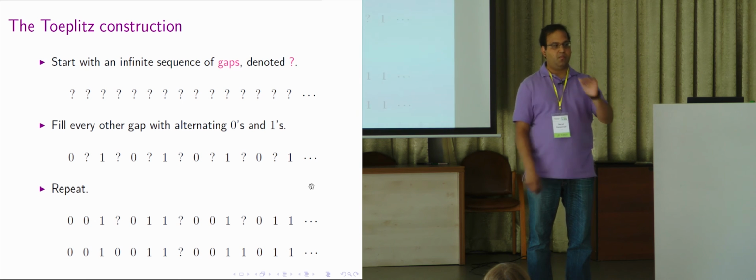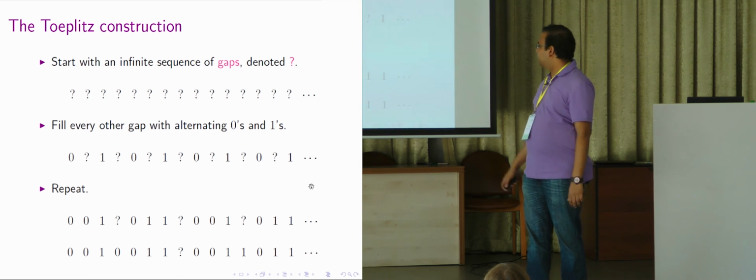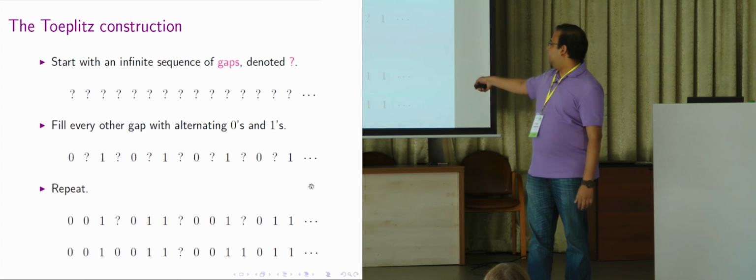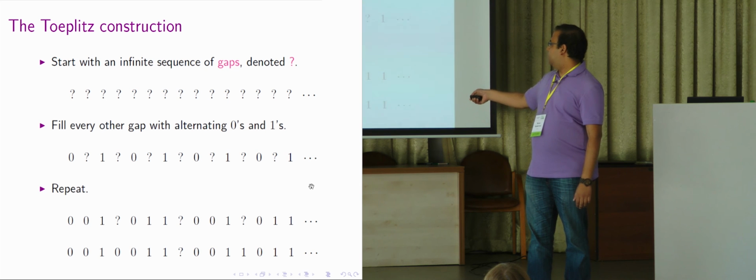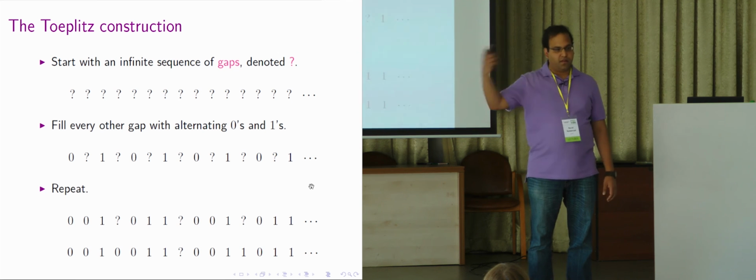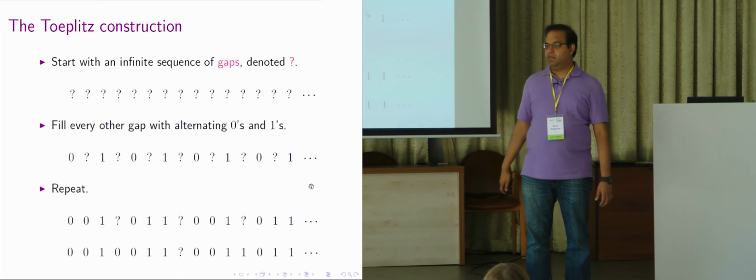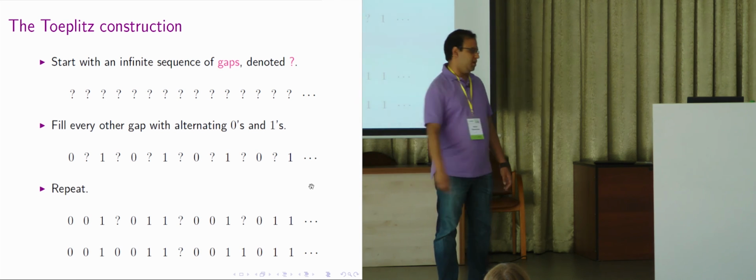So you go 0 gap, 1 gap, 0 gap, 1 gap. You fill in the gaps like this. And now you do the same thing in the remaining gaps: 0 gap, 1 gap, 0 gap, 1 gap. You get this, and then you do it again. You fill in the gaps, and you will produce this infinite word. This is the paper folding word.